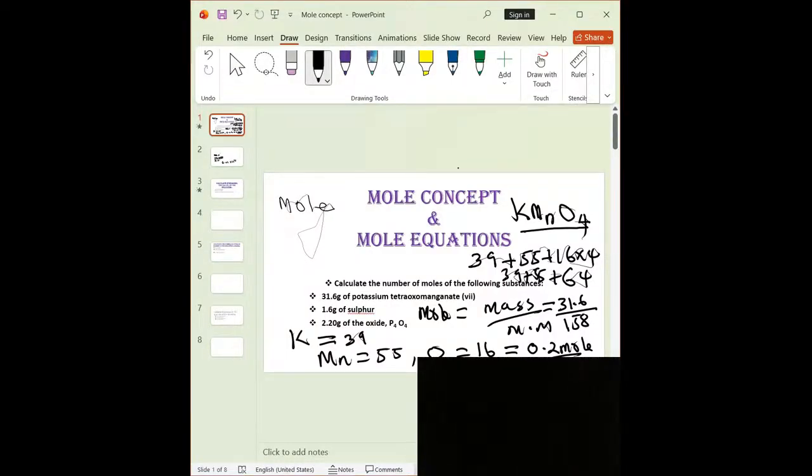Let me explain it again. The first thing you need to do is that I've already defined mole, with two equations. The first equation is mole equal to mass over molar mass. The second one, mole equal to number of atoms over Avogadro constant, where 1 Avogadro constant equals 6.02 times 10 raised to the power 23.